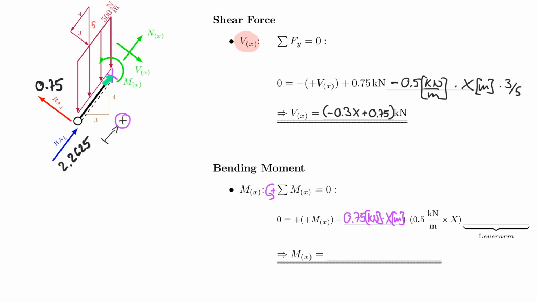X is along this direction. And now I have to be careful because I need to account for the lever arm, which is pretty much half the distance along here. But keep in mind that this 3 now needs to be expressed in terms of x, because x technically grows in this direction, and as x grows, the component in the horizontal direction also grows.